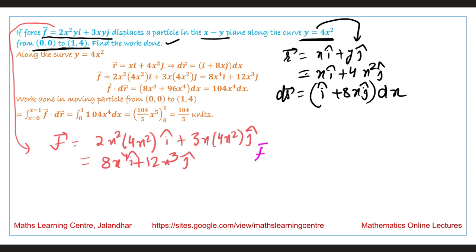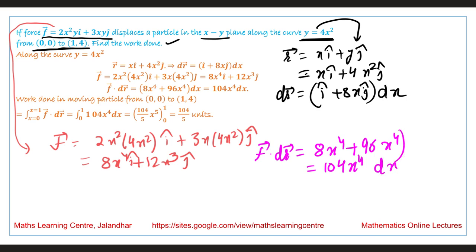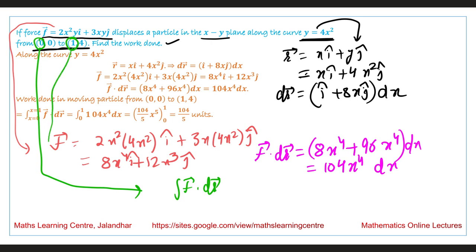Now f vector dot dr vector, if we take the dot product over here, we get 8x raised to the power 4 plus 96x raised to the power 4, that is equal to 104x raised to the power 4 times dx. Now we have to integrate f vector dot dr vector, and the value of x is varying from 0 to 1.